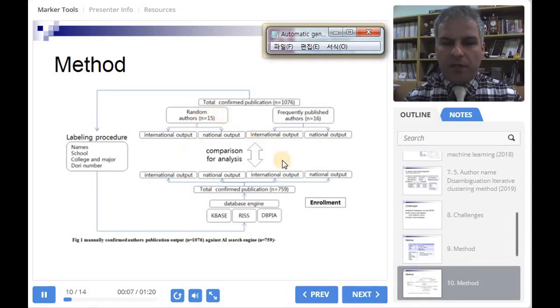The method of this article was to use 2 sets, one random and one non-random authors.